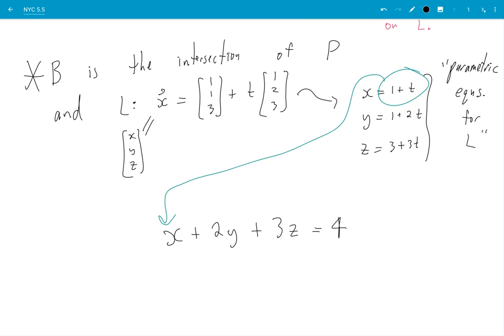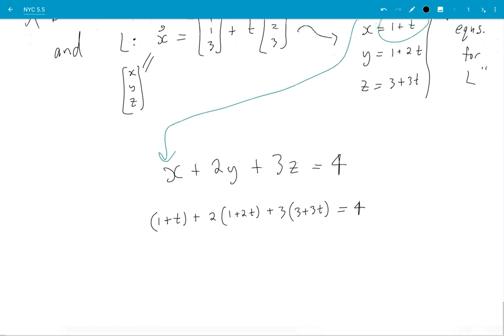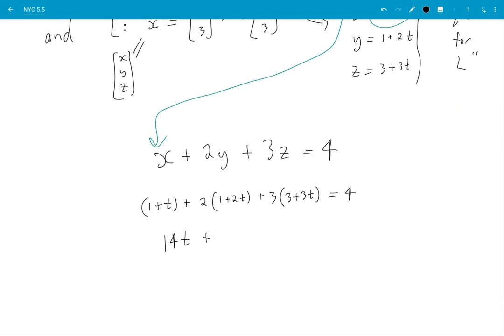So x becomes 1 plus t. Y becomes 1 plus 2t. Z becomes 3 plus 3t is equal to 4. So for my t, I get 1 plus 5 plus 9, 14t. 5 plus 9 is 14, yes. And the constant is 3 plus 12 is equal to 4.